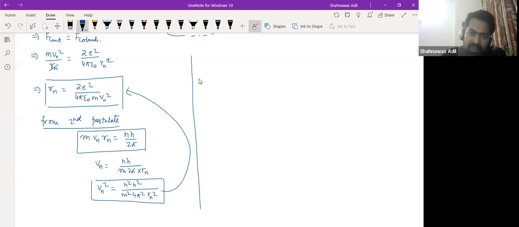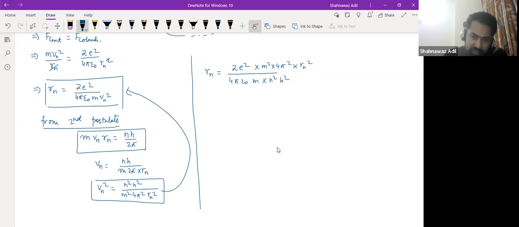If we put back this value, Rn would be Z e square divided by 4 pi epsilon naught m, times Vn square, which is n square h square divided by m square, 4 pi square, and also rn square.